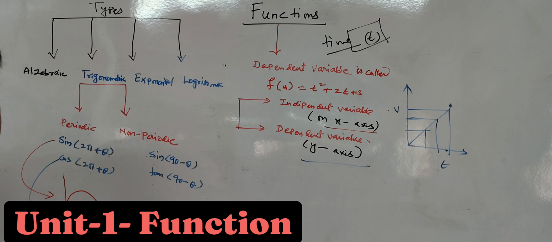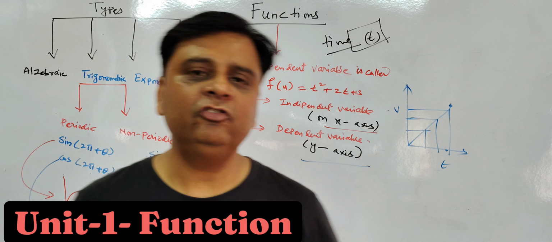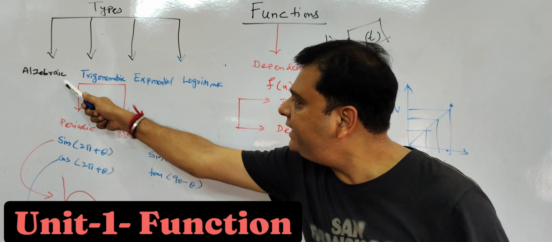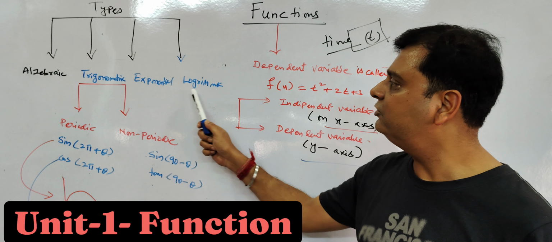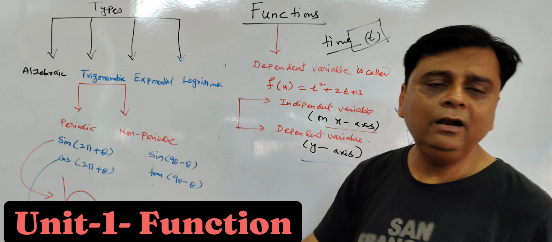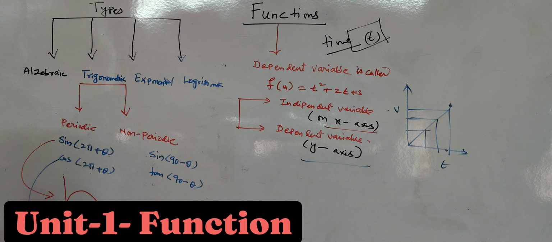Now moving ahead, there are mainly four types of functions that we will come across in physics: algebraic expressions, trigonometric expressions, exponential functions and logarithmic functions. Now out of these, trigonometric function can be further divided into periodic and non-periodic.